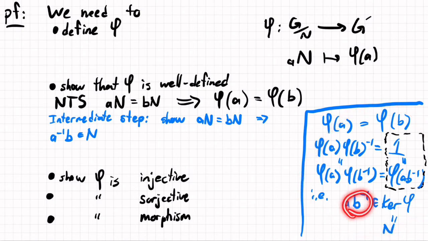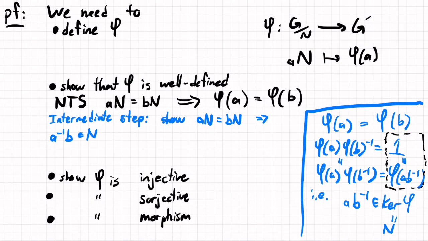If a inverse b is in N, this is the same thing as saying that phi of a equals phi of b. I guess I have a and b switched here, but this equation is symmetric, so it won't matter.